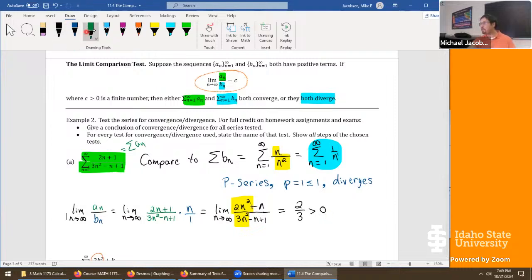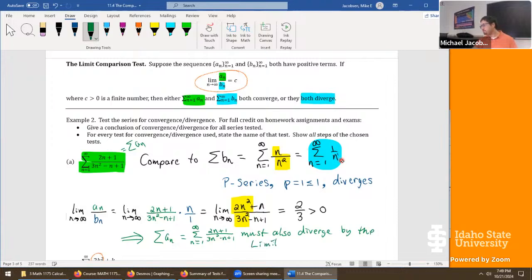We can now claim, will they both converge or both diverge? We said divergence here, so we say this work implies the summation of An, as we go from 1 to infinity, 2n plus 1 over 3n squared minus n plus 1, must also diverge by the limit comparison test.